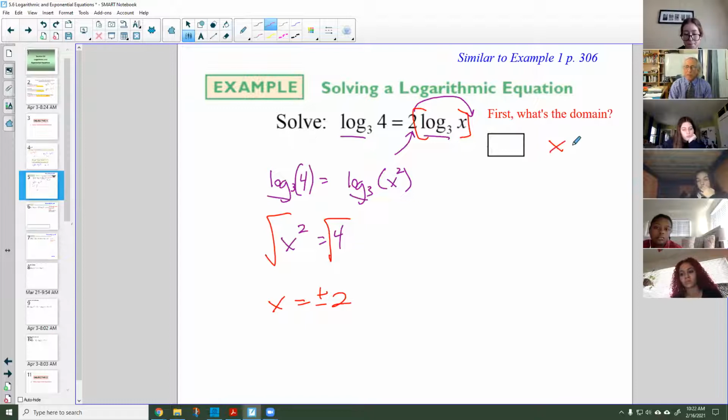So x has to be greater than 0 in this problem, which means that my answer is not plus or minus 2. My answer is only x equals positive 2. So I have to find the domain of my logarithms in doing these problems in order to make sure I don't have any extraneous solutions.